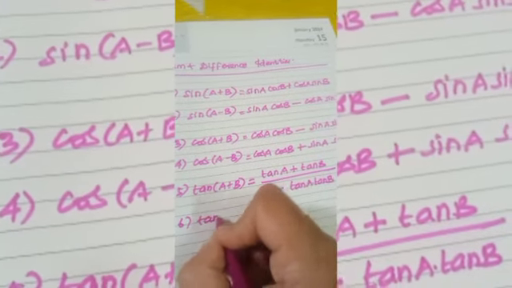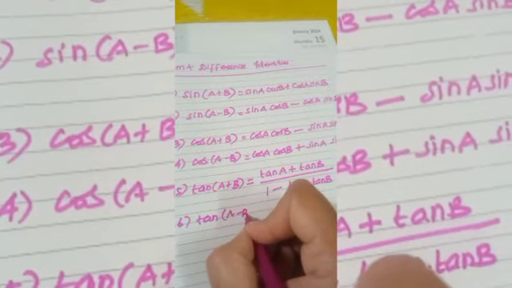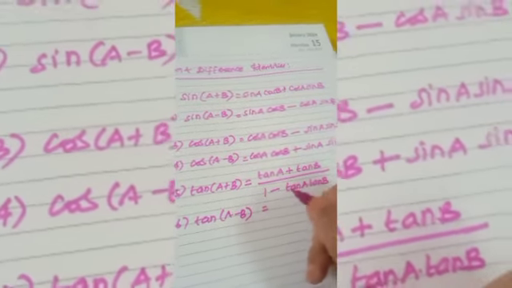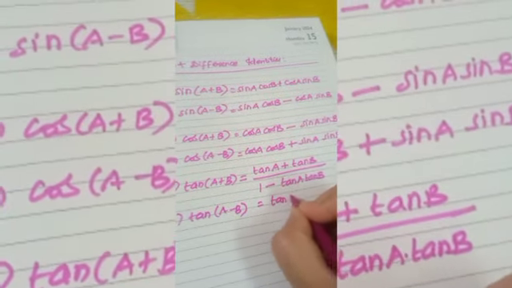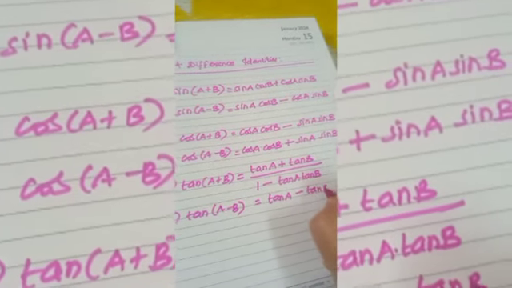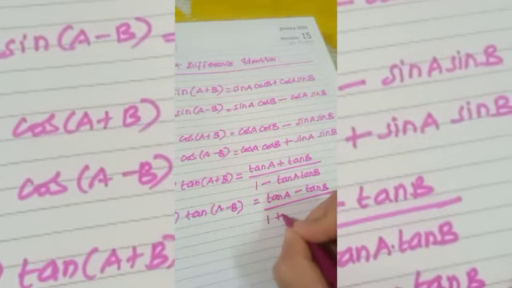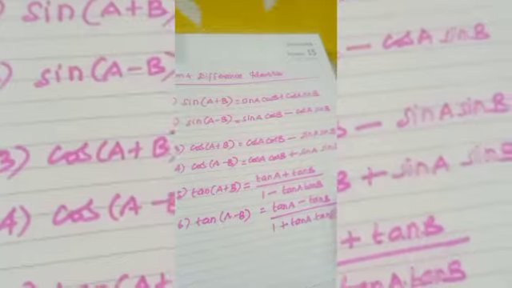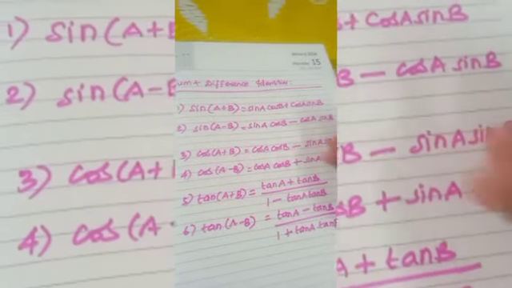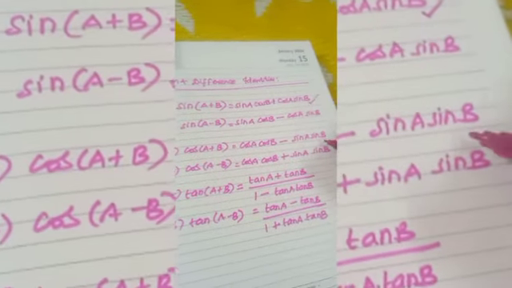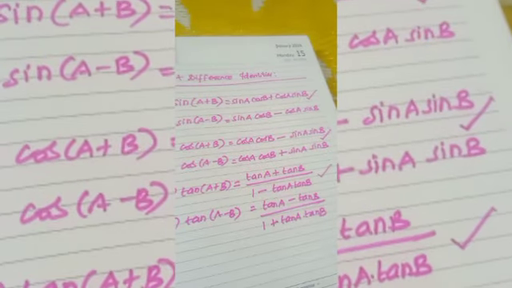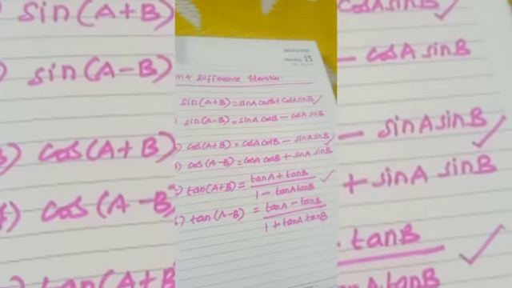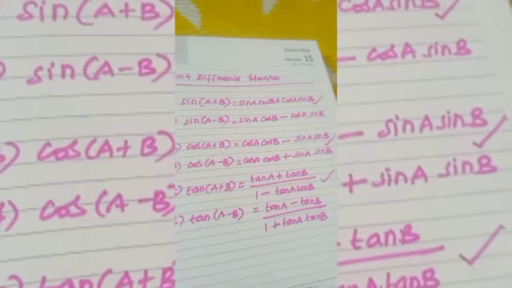For the difference, tan of a minus b is equal to, dear students, kindly change the symbol, so tan a minus tan b divided by 1 plus tan a into tan b. Remember the sum formulas correctly, and the difference formulas you can get very easily. These formulas are also very helpful for solving the problems.